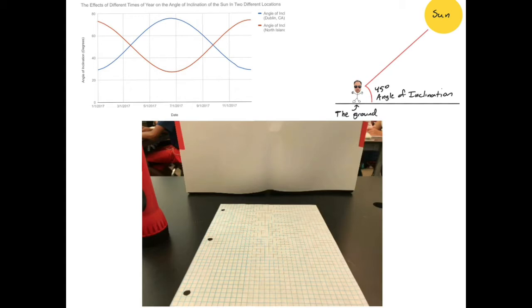So for example, if we're looking at the graph here, what is that telling us about the angle of the sun in terms of how it's striking the surface? So it's about maybe 30 degrees, somewhere in that ballpark? Okay, what does that mean? If I say 30 degrees angle of inclination, this is January 1st in Dublin.